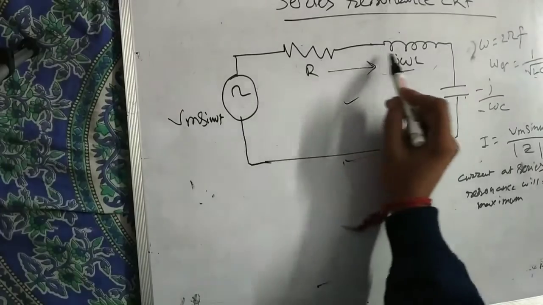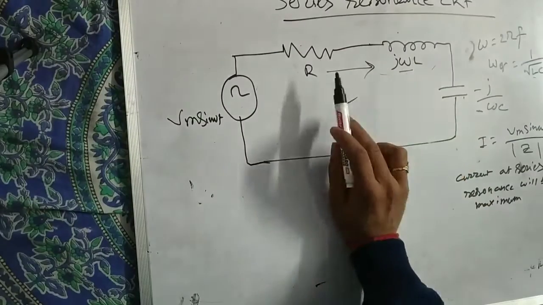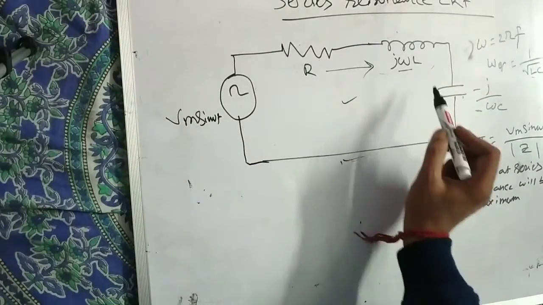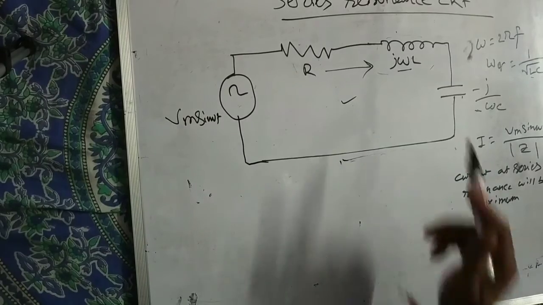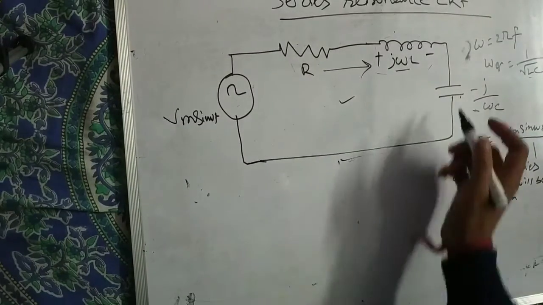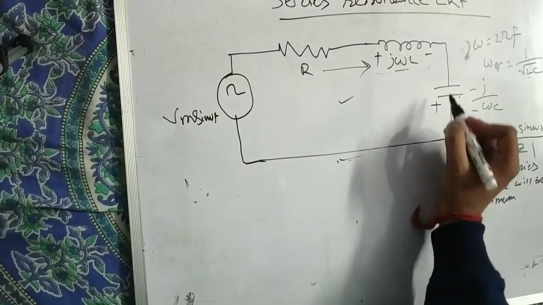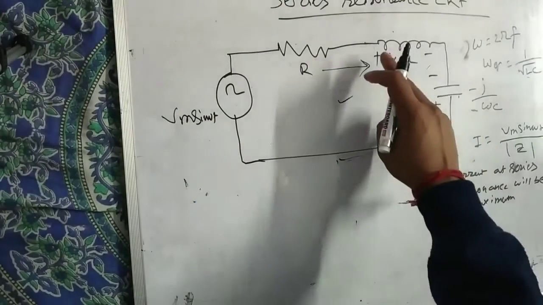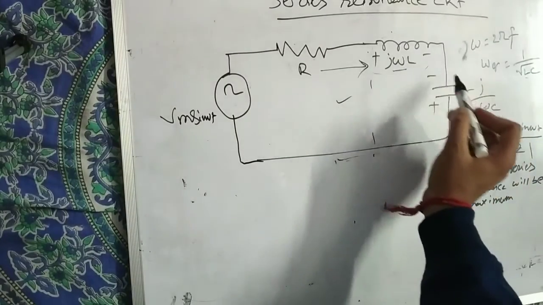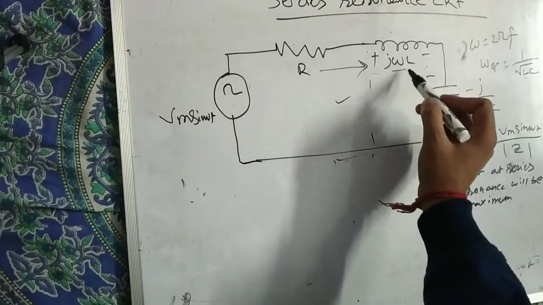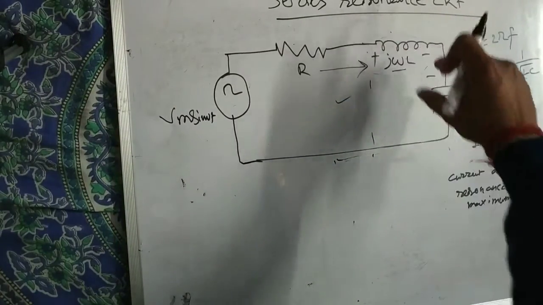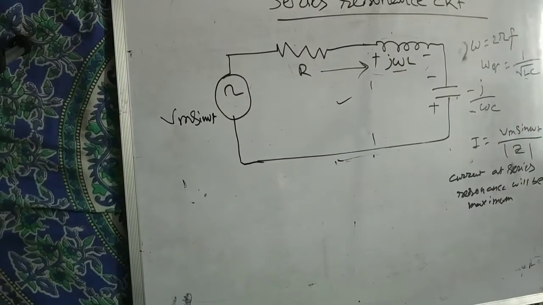The inductor, capacitor and resistance are all in series, so the current flowing through the resistance, inductance and capacitance is the same. If the voltage drop across the inductor is in this direction, the capacitor must have the opposite voltage direction. That's why the total voltage drop is zero, this is short circuited. Because the impedance magnitudes are the same, the minus j and plus j omega L cancel, so this is short circuited.